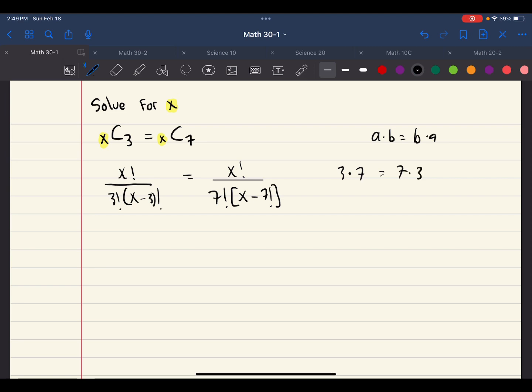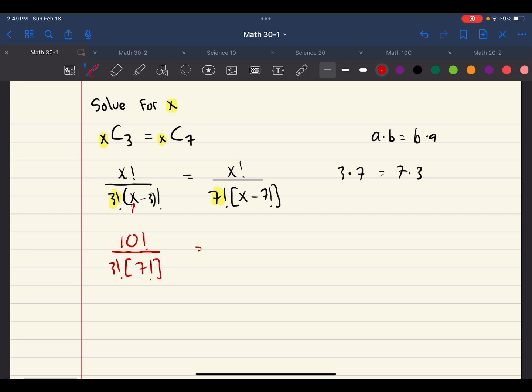Now I've chosen numbers 3 and 7 because those are the ones given to me over here. So then I think about what I can put in the first bracket that would get the bracket to equal 7 for the x value. And that could be 10. So if I go 10 factorial equals 3 factorial multiplied by 10 minus 3 factorial, that would be 7 factorial.